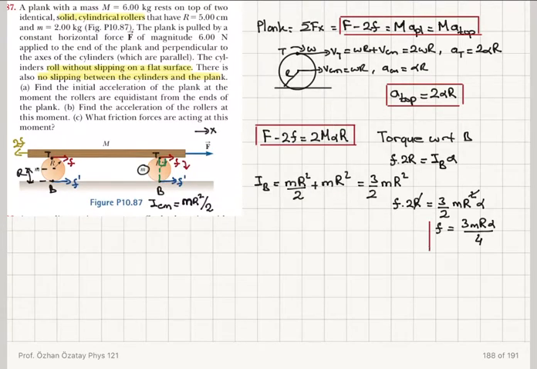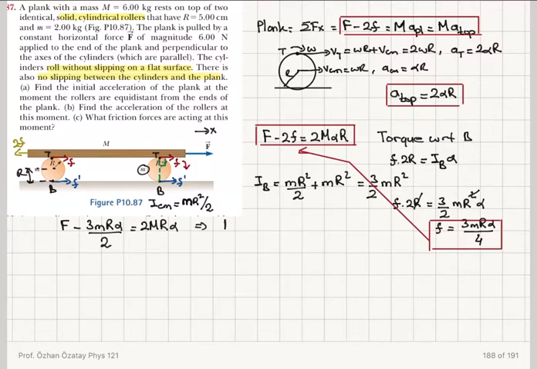So if I substitute this result into my previous equation, so I have obtained force of friction in terms of alpha, I can substitute it here. What will happen? Capital F minus 2 small f, 3mr alpha divided by 2 is equal to 2mr alpha.